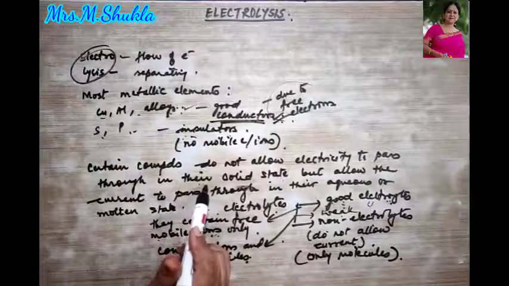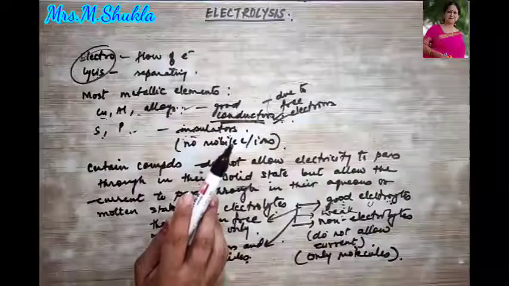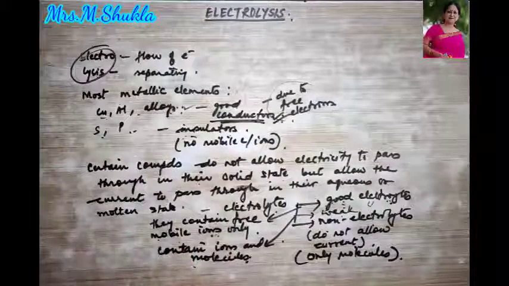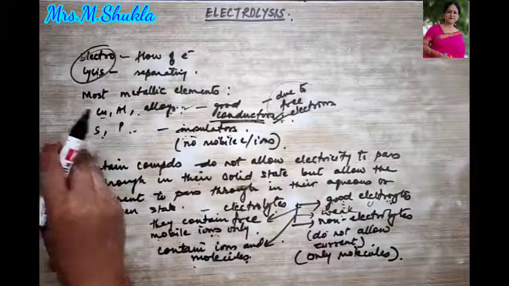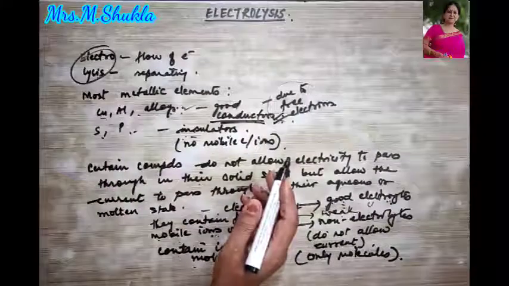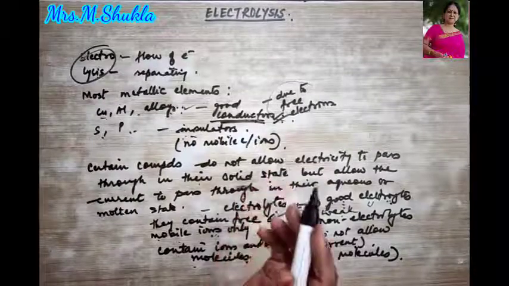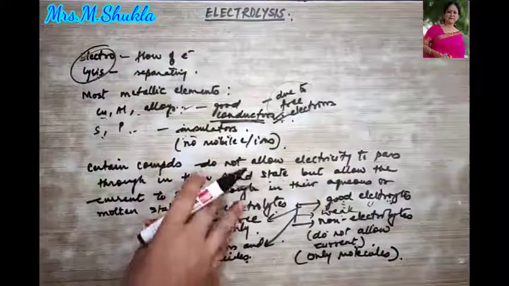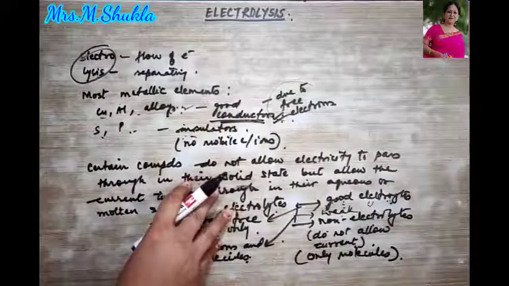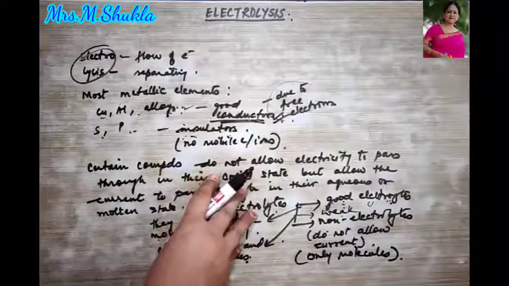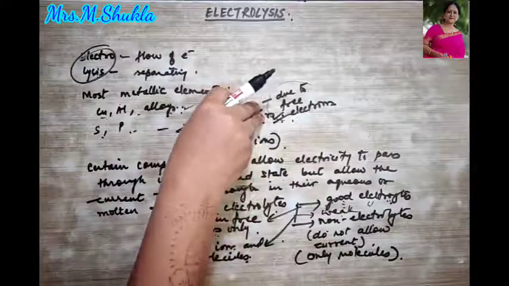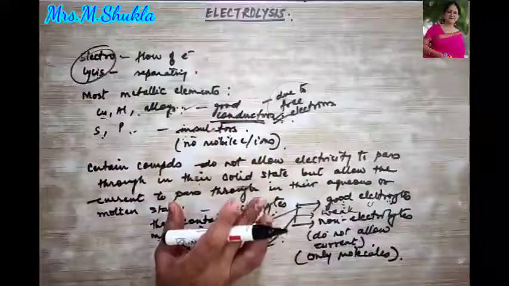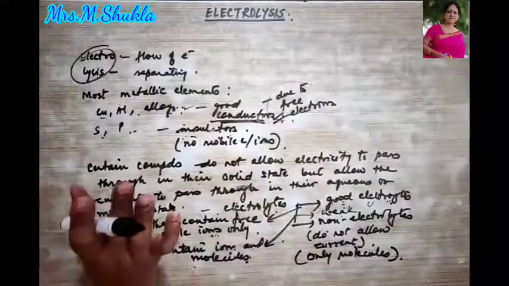Whereas in electrolytes, the flow of current is two-streamed. One moves from the positive cation towards the negative cathode, and the other from the negative anion towards the positive anode. So in electrolytes we observe two-stream flow of current, whereas in good conductors we observe only a single stream of electrons flowing. This is the first point of difference.